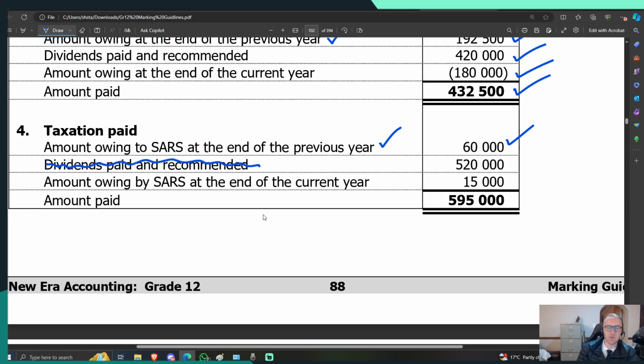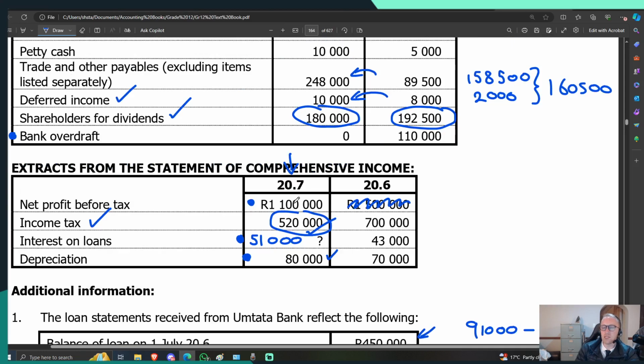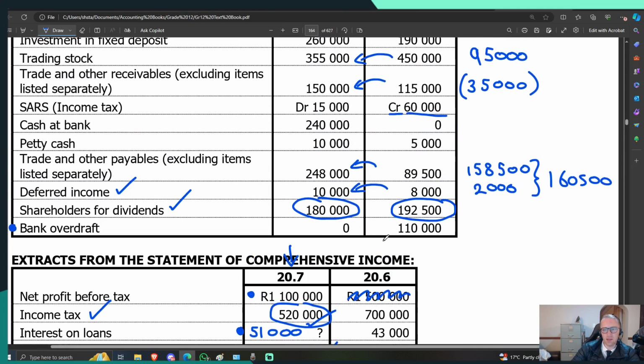No, that should say tax for the year. Or income tax, you could say. Income tax for the year, or income tax, it's fine. I'm going to write here income tax, 520,000 rand.